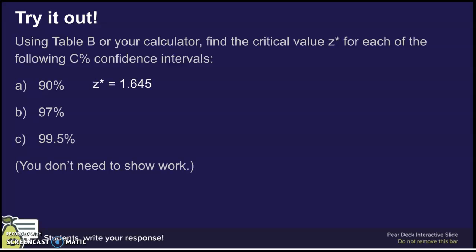All right, well, for the 90%, I hope you found 1.645. For the 97%, I hope you got a z star of 2.170. And for the 99.5%, I hope you got a z star of 2.807.